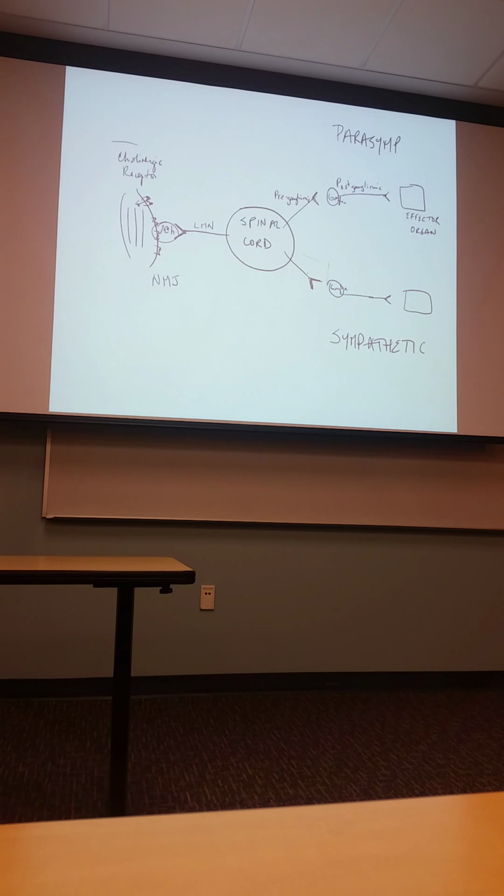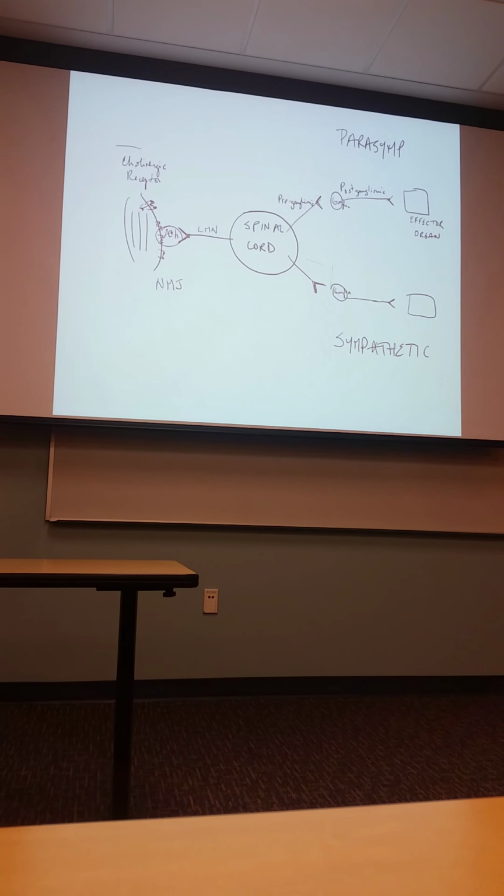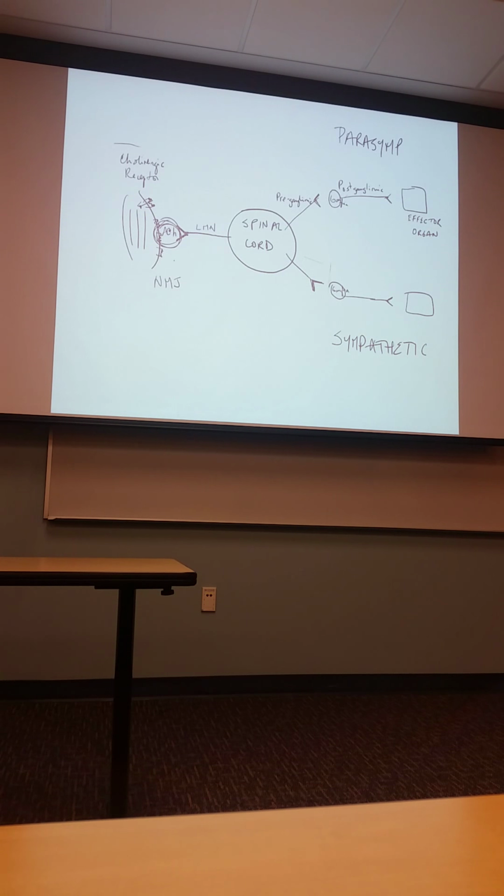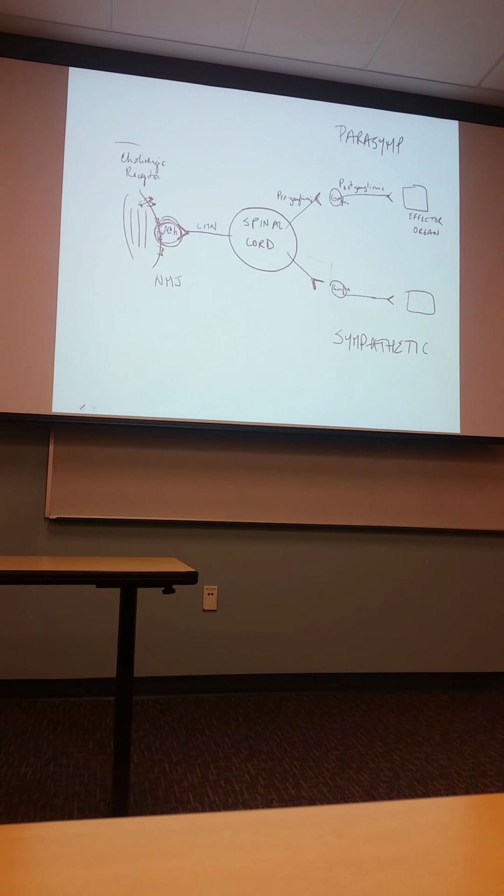The same is going to happen here in the sympathetic. We're going to have a preganglionic and a postganglionic neuron. Now we're going to talk about the difference. Remember that here the neurotransmitter involved is acetylcholine.